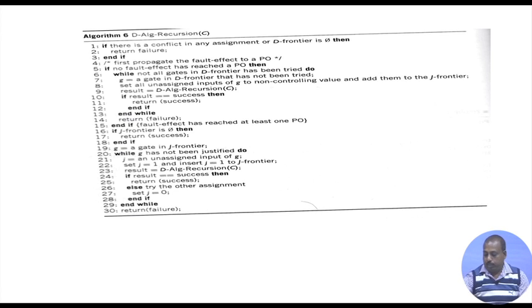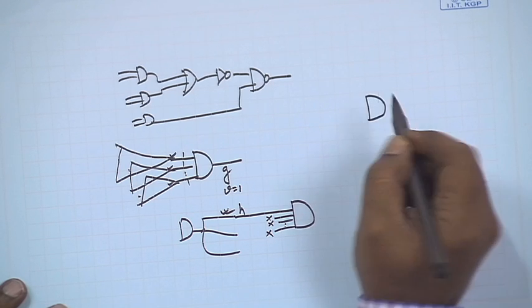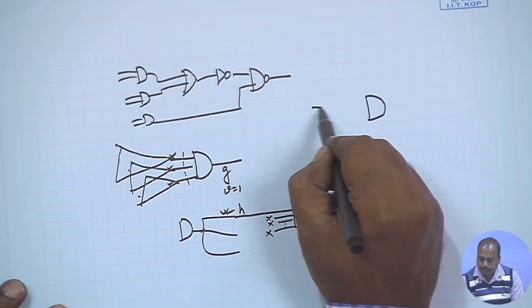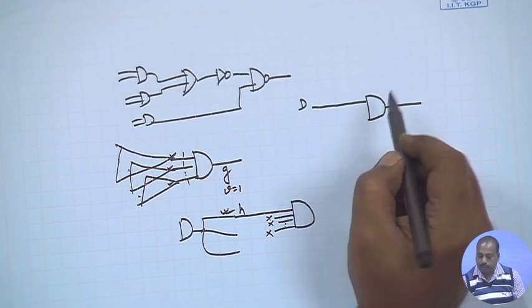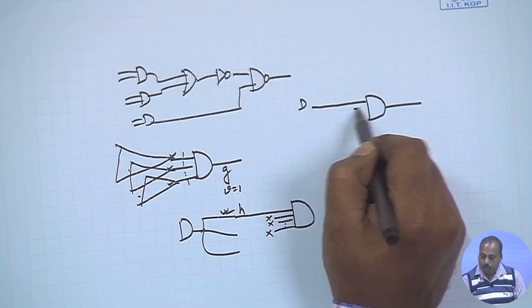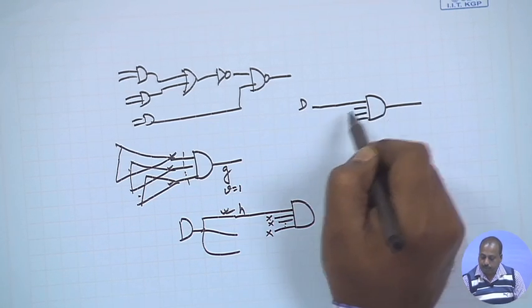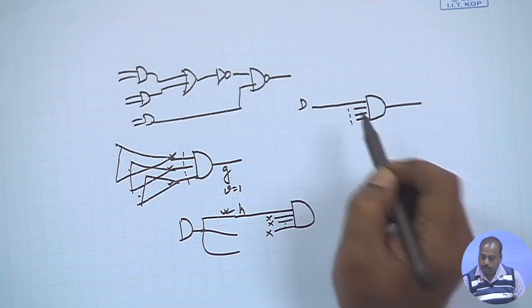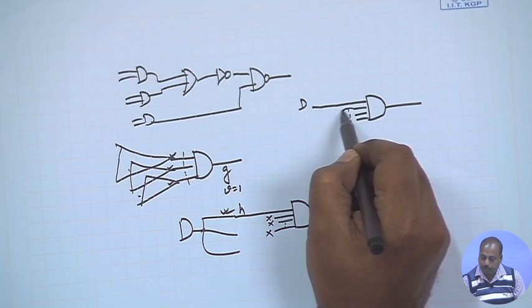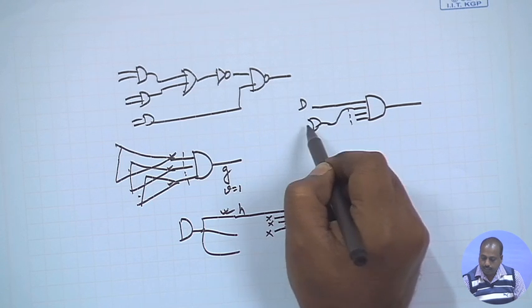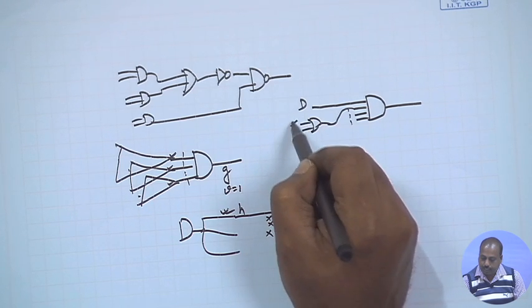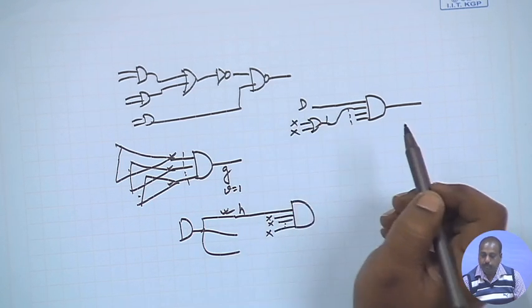So what we essentially mean is that this is a gate, and this input is at D, and we want to propagate to this point. So all these inputs are to be put to 1. They are to be put to 1. So if this input is coming from, say, another gate like this, then for this gate, its inputs are X, and the output is now becoming equal to 1.